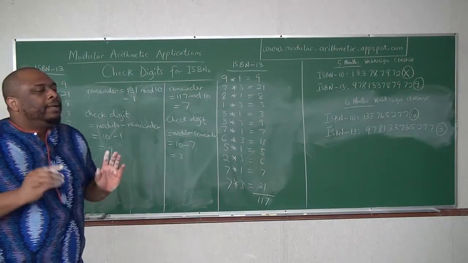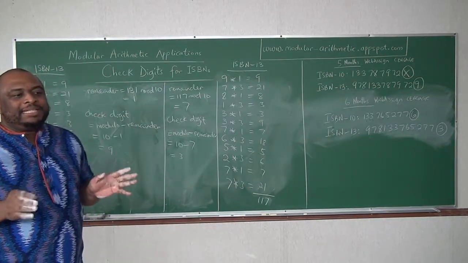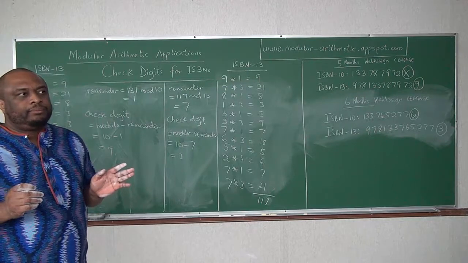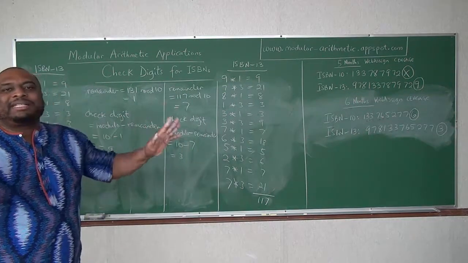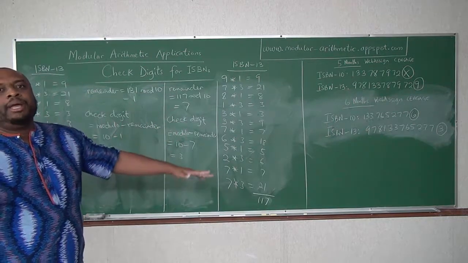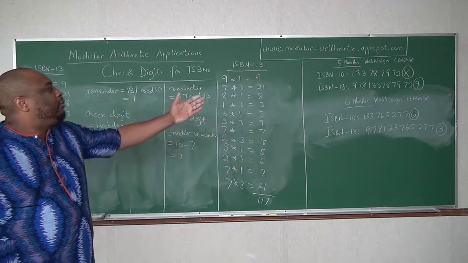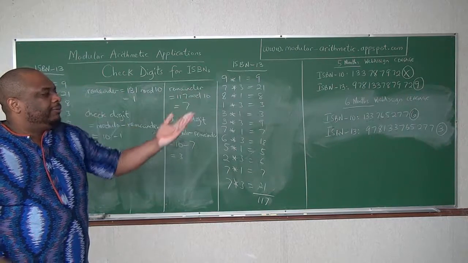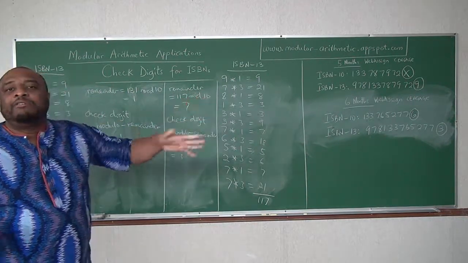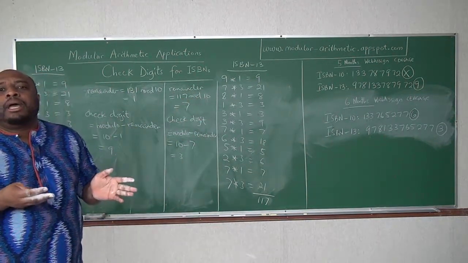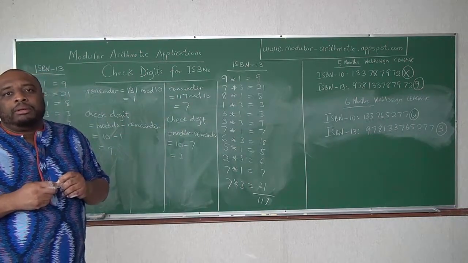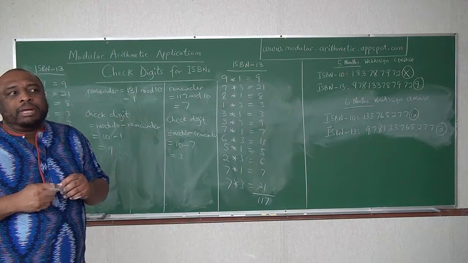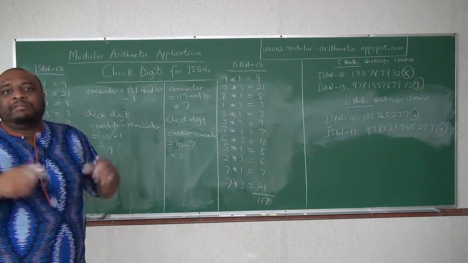Okay? Now, the next thing we shall do is, as you can see already, when you use any of those 2 methods, if you calculate it and you do mod 11, it will give you 0.